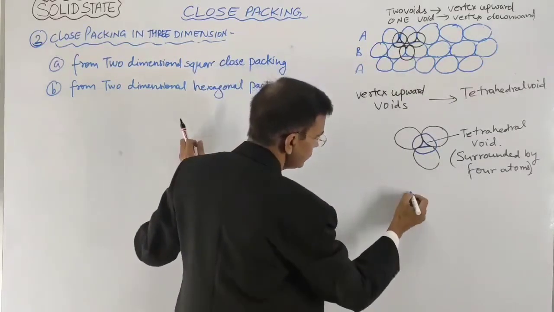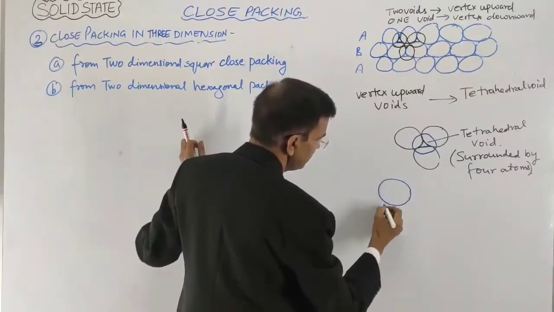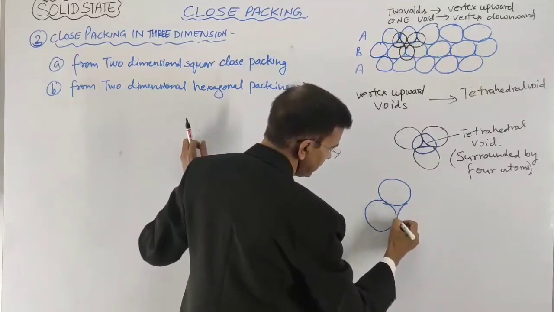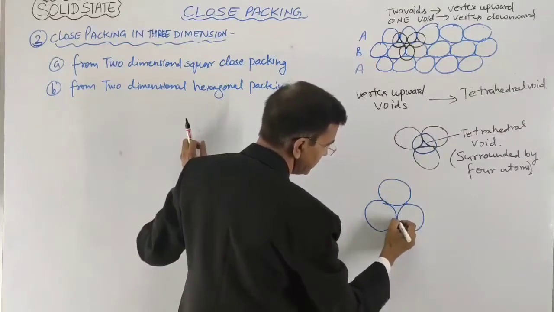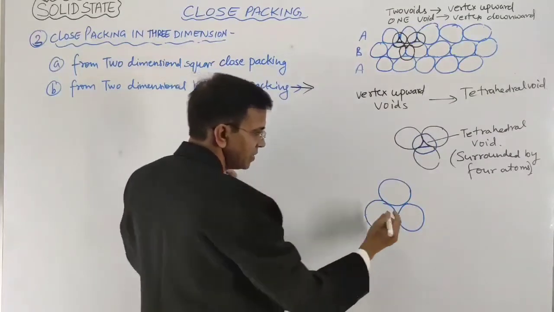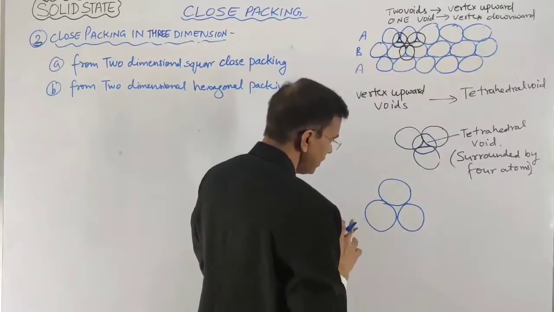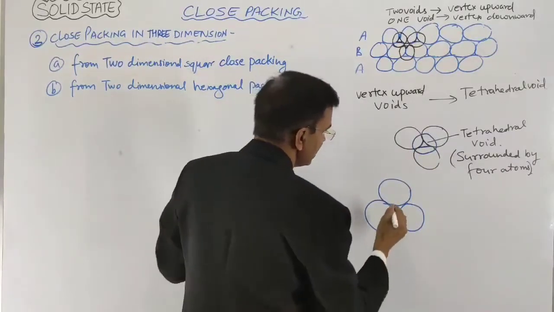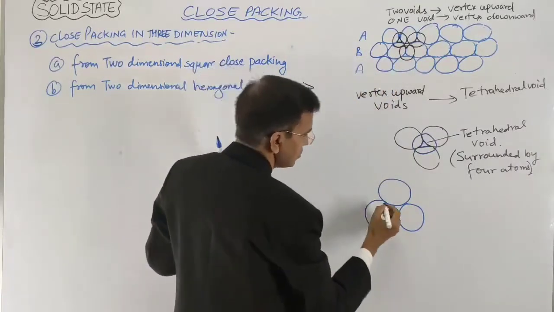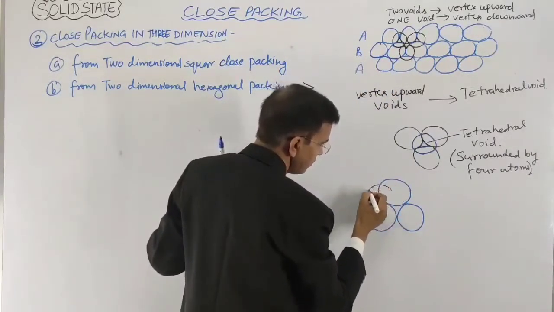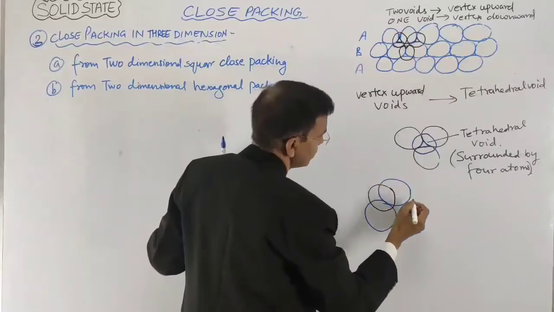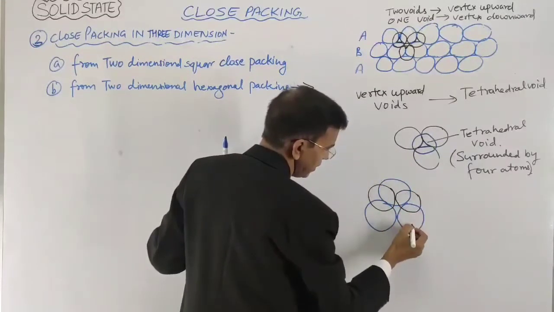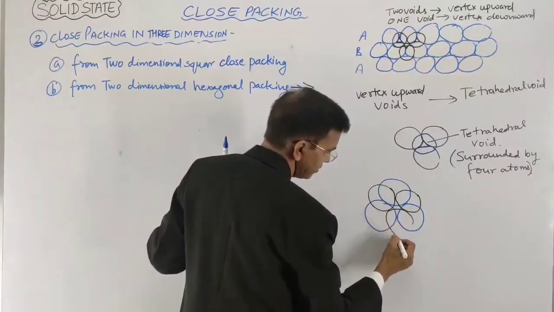Now if you observe this downward vertex void, one atom, two atoms, and here is the third. So this is the vertex downward void, right? If you place the atom from the above direction, it is like this. So this is one atom here, one atom here, and one atom here.